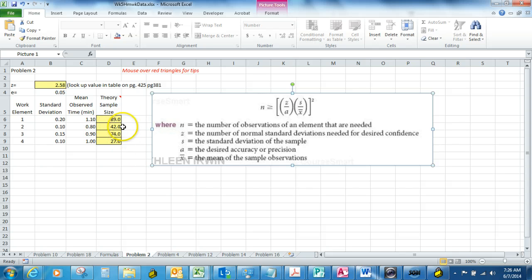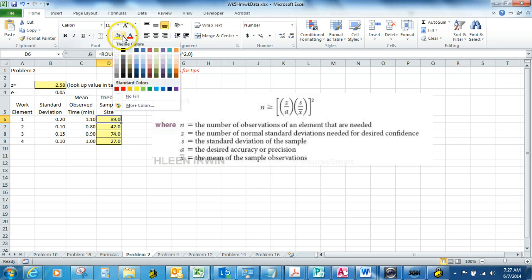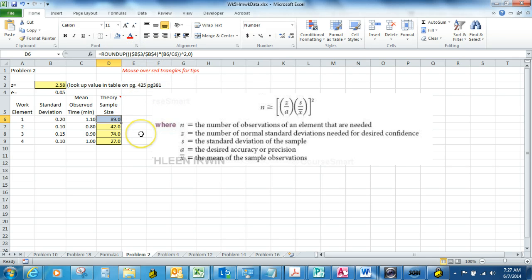Then what you're going to do here is take the highest element in here. Our sample size would therefore be this one here, because it is the highest. If you do a sample size of 89, then it's going to effectively incorporate all of the other ones.